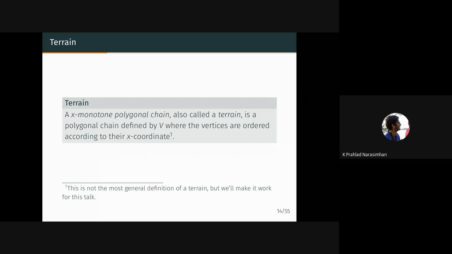So let's say 3 points Vi minus 1, Vi and Vi plus 1. Let's say all of them have the same x coordinate. Then I insist that the y coordinates must be in order.